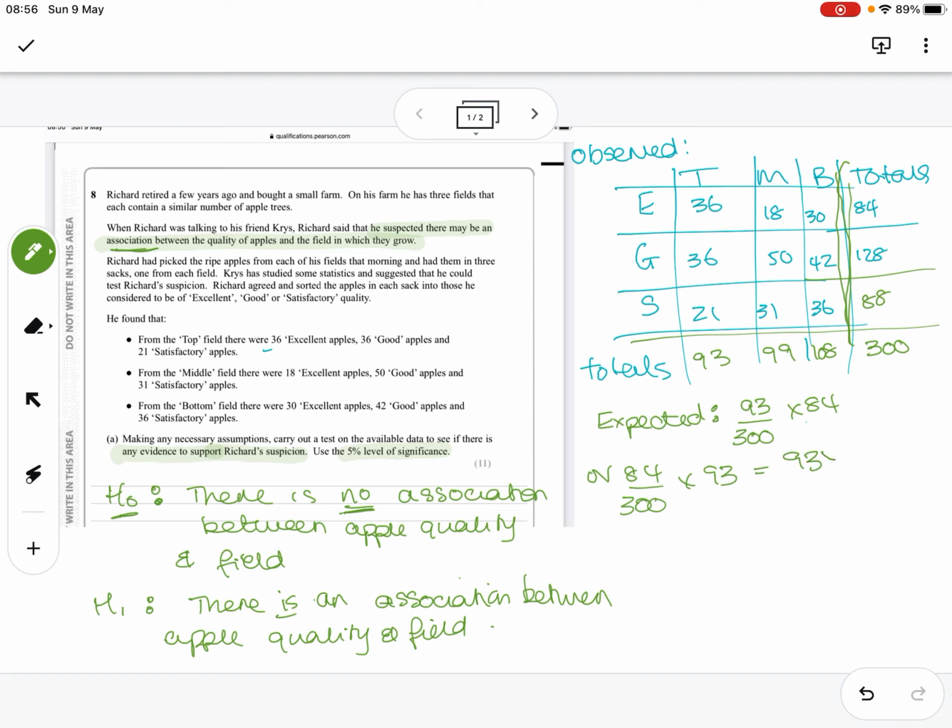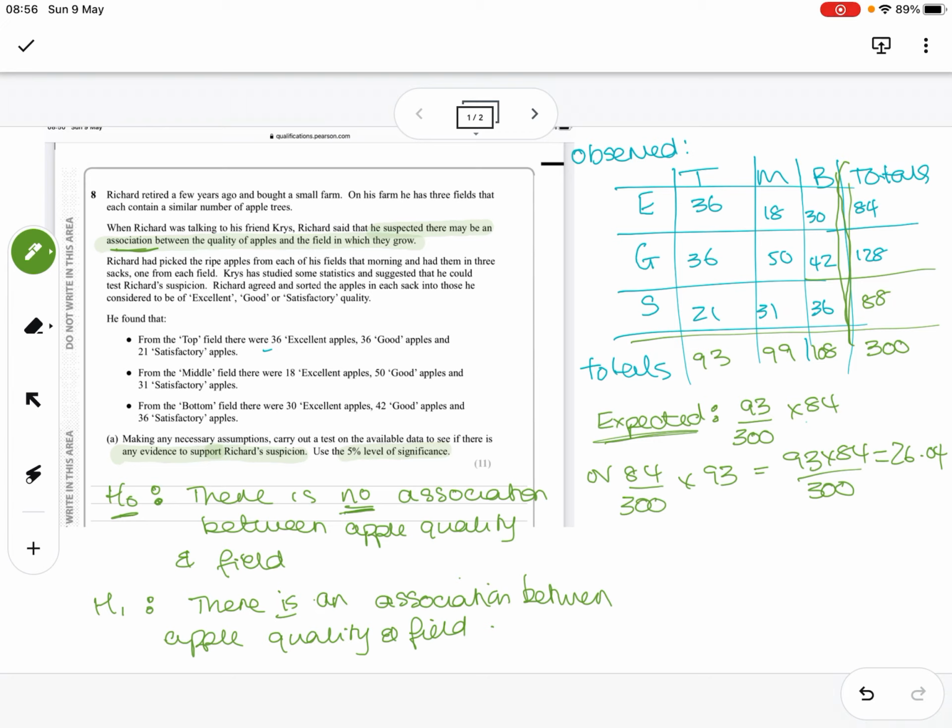Either way, it's 93 times 84 over 300, which is 26.04.